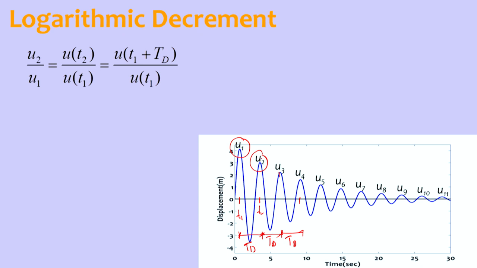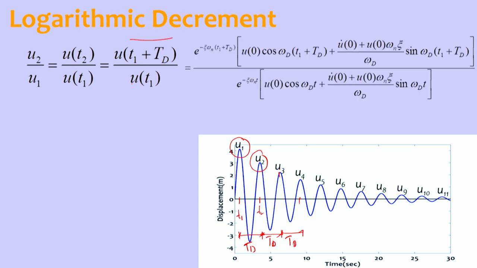Now if we take the ratio of amplitudes, U2 by U1, that is the amplitude occurring at time T2 divided by the amplitude occurring at time T1. We can write T2 as T1 plus Td. In the denominator it is U at T1.